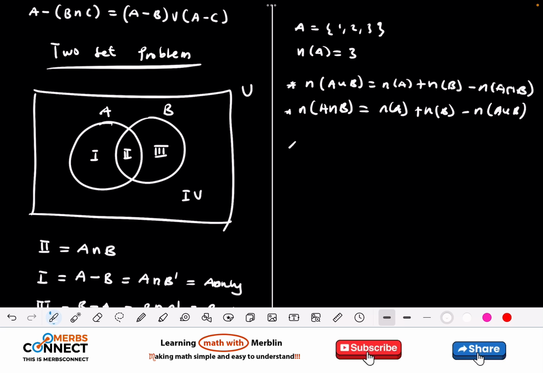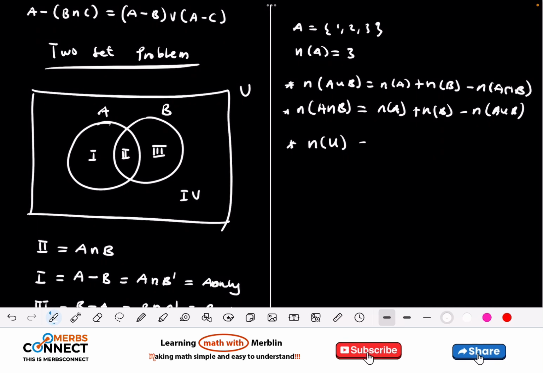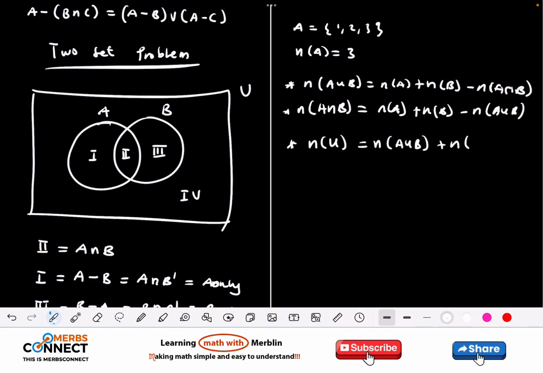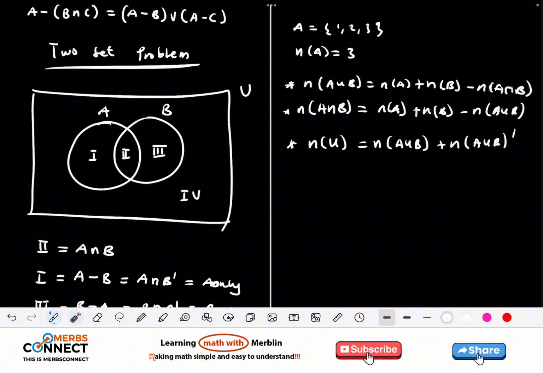Then we can also learn from this that the number of the universal set is actually equal to the number of A union B plus the number of A union B complement. What am I trying to say?